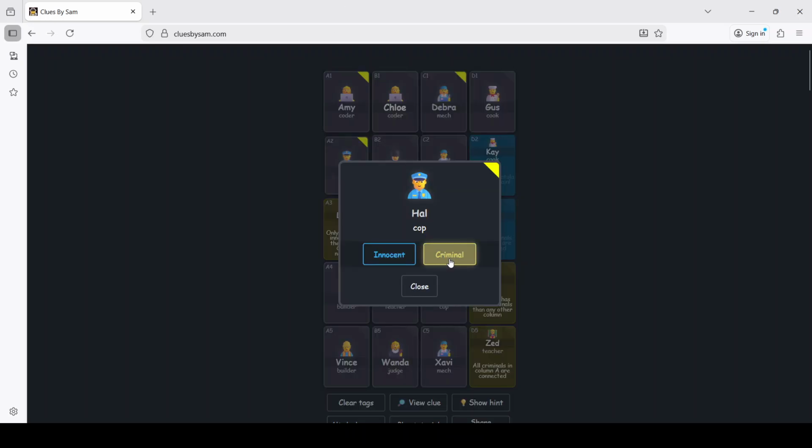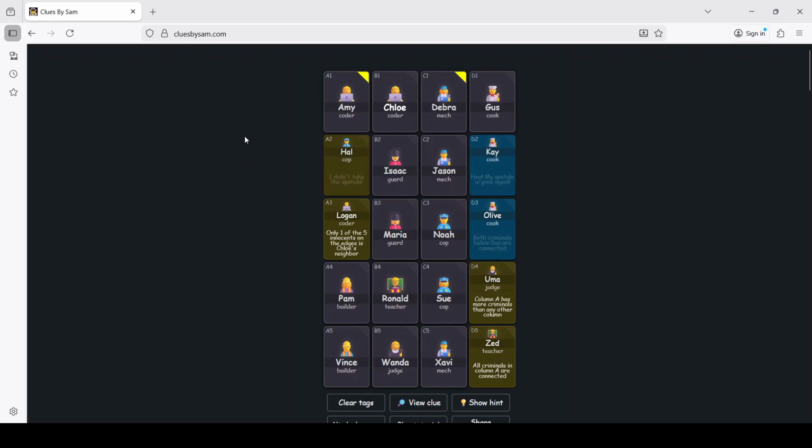So Hal does have to be a criminal. But that means either Amy or Deborah could be the innocent and the other is the criminal. That gives us a total of 3 innocents on the edges right now, so we will have 2 more innocents on the edges.